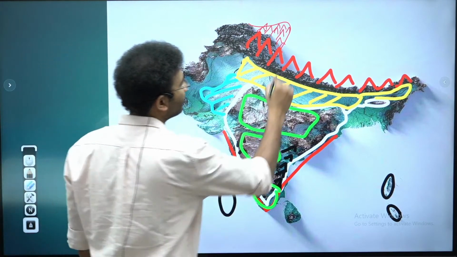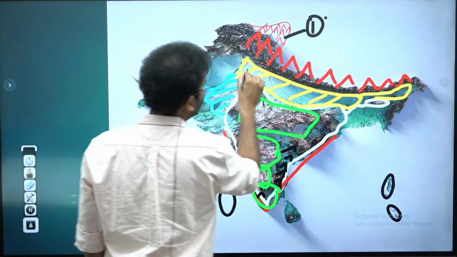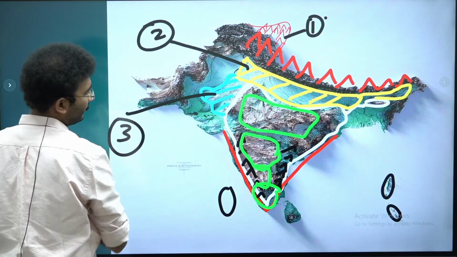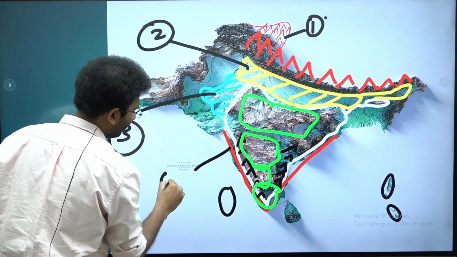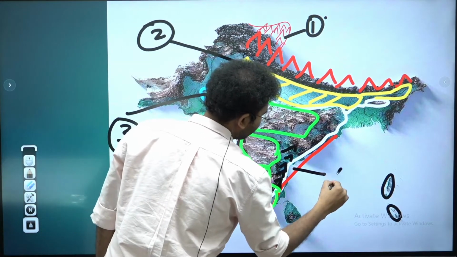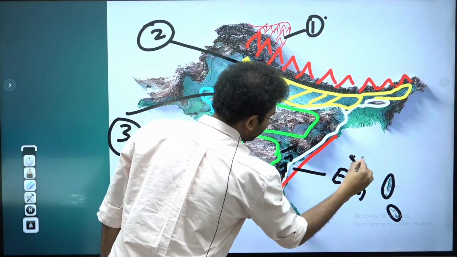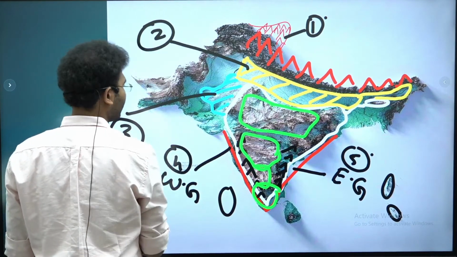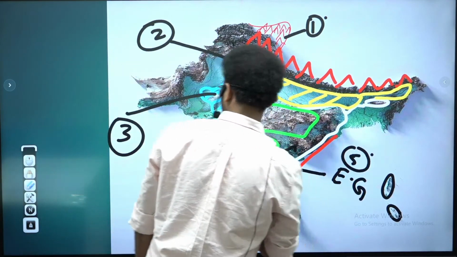Yes, you have number 1, the Himalayas; number 2, the Northern Plains; number 3, the Great Indian Thar Desert; number 4, the Western Ghats; and number 5, the Eastern Ghats; number 6, you have Peninsular India.